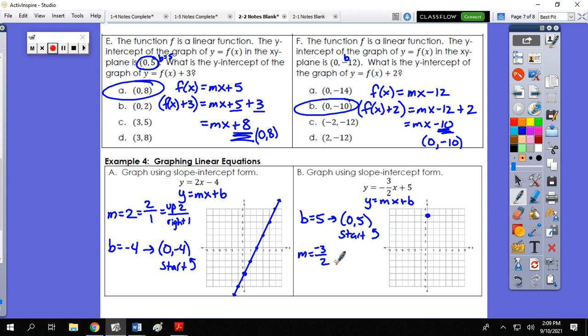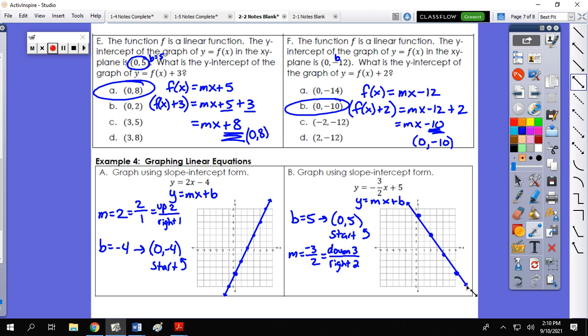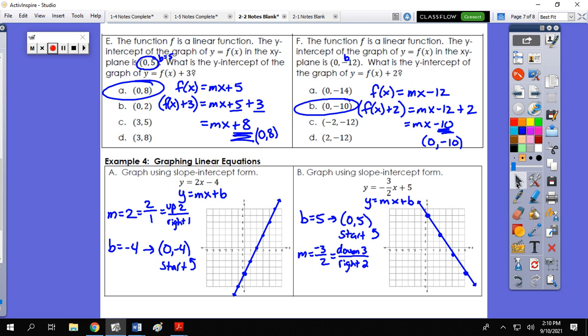Always put the negative with the top number, because what that tells us is that we're going to go down 3, right 2. So from our starting point, down 3 and right 2, down 3 and right 2, until we go off the graph, then we draw our line through those points. That's how we graph out a slope-intercept form.